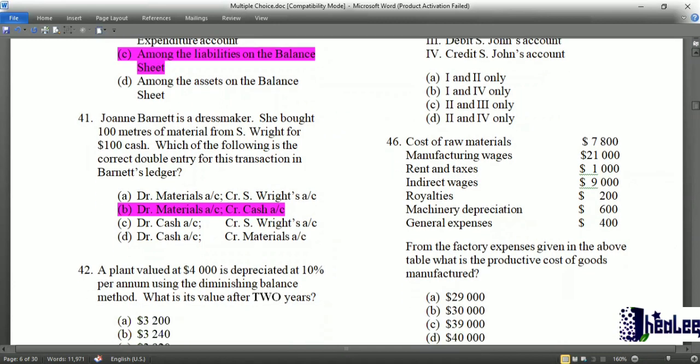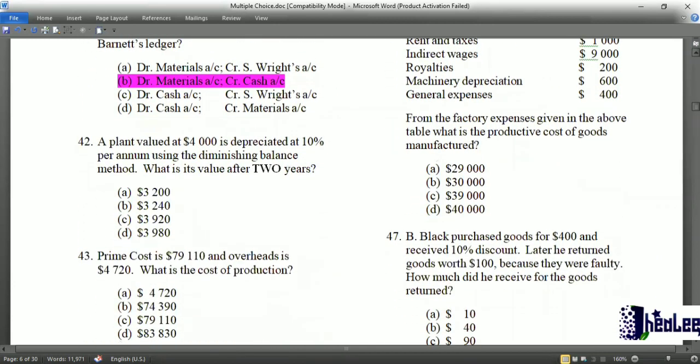Number 42, a plant valued at $4,000 is depreciated at 10% per annum using the diminishing balance method. What is the value after 2 years? So when it states that it uses the diminishing balance method, they're referring to the reducing balance method.